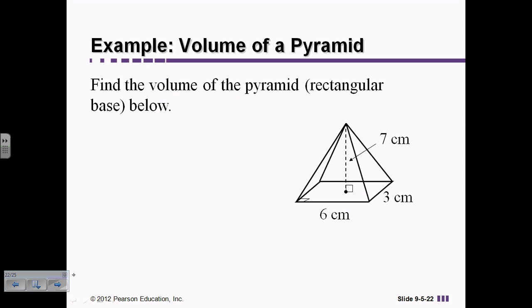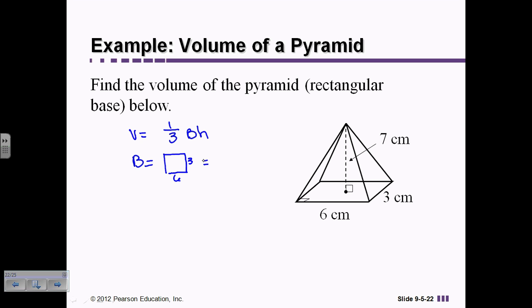So here we have a problem here, and we're going to separate these into 2 steps. So to find the volume, the volume of the pyramid is one-third big B times H. So we've got to find big B. Big B is the area of the base. The base is a rectangle that has length 6 and 3.